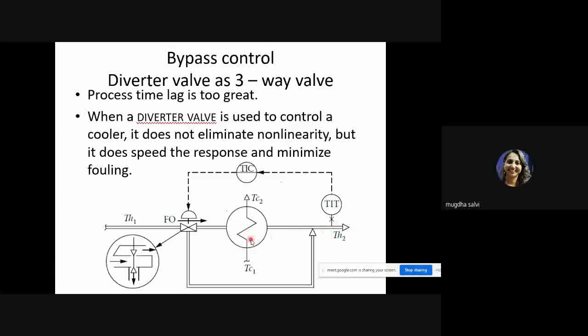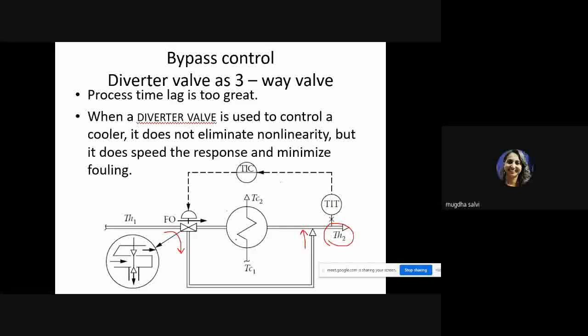But if I want to achieve this quicker, what I do is I will now divert some of this hot fluid into my exit line. So automatically my TH2 comes back to its set point.